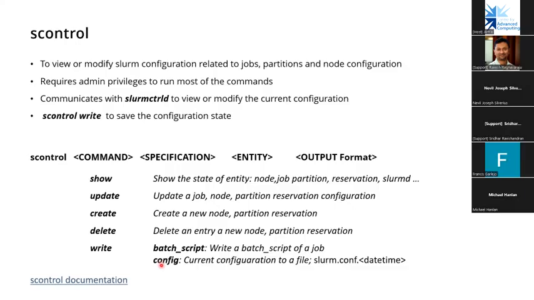And then we have write config, which saves a configuration file with this output format, slurm.conf dot the timestamp, and that will save the state of the current configuration to a particular configuration file. I believe it's typically in /etc/slurm on the SLURM controller nodes.